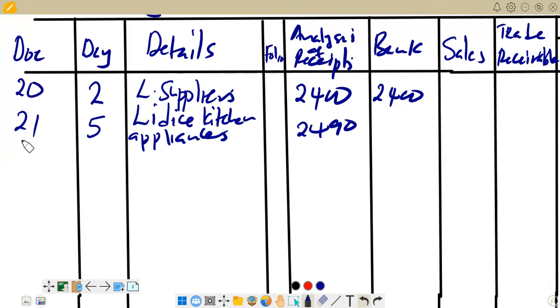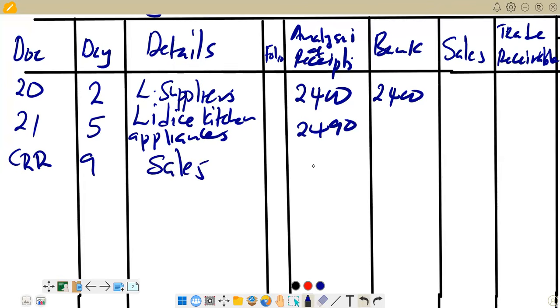So this is our cash receipts journal. Remember, these are our cash sales that have taken place. The document numbers are not given there, but we know that this is the cash register roll, so we can just abbreviate it as CRR on the document. And the day obviously is 9. Then remember, these are sales here.